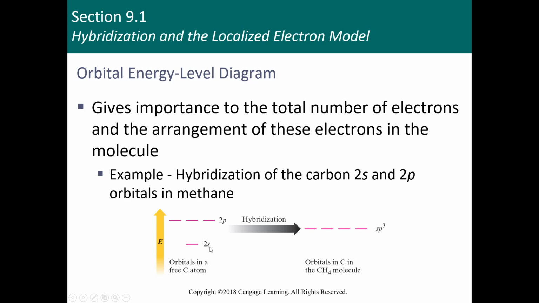Well, this means that this is a sphere shape, which is what the s orbitals are. This one is on energy level 2. Now, if you remember, your energy levels correspond to your periods, okay? So, for example, if we go down the periods on the periodic table, hydrogen has a 1s orbital. That's where its single electron is located.